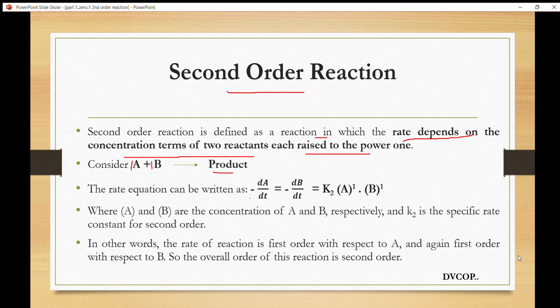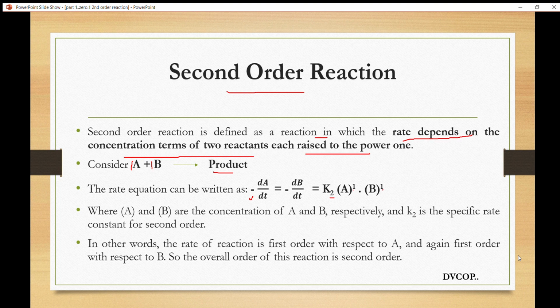This is the rate equation for reactant A, and for reactant B it is minus dB divided by dt, is equal to K2, the rate constant for second order reaction, concentration of A raised to 1 and concentration of B raised to 1.